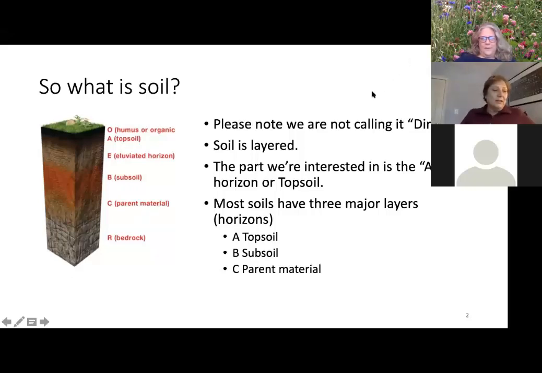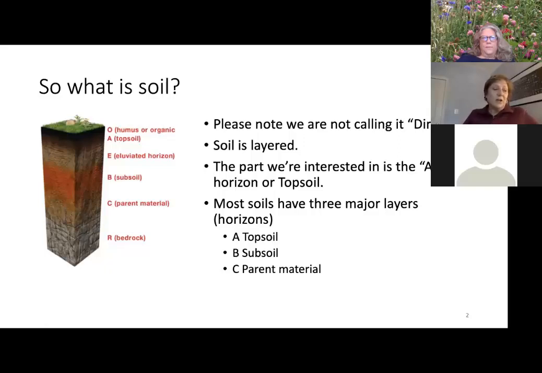Soil is a layered structure. Here's a definition from the Soil Science Society of America. Soil, they say, is the unconsolidated mineral or organic material on the immediate surface of the earth that serves as a natural medium for the growth of land plants.